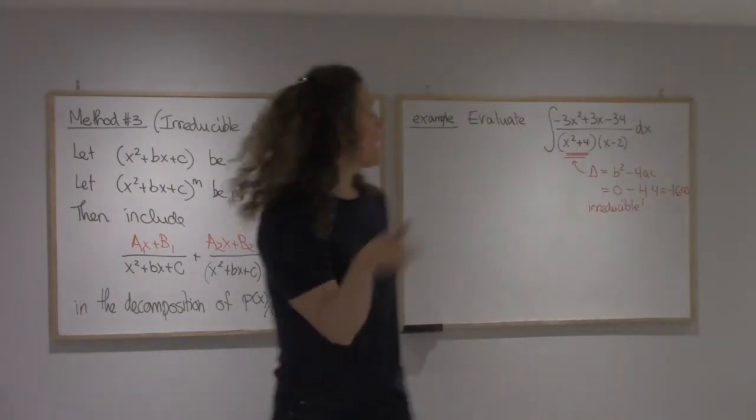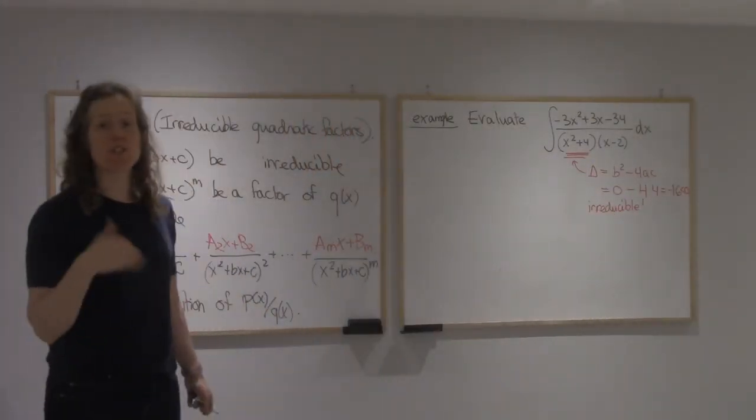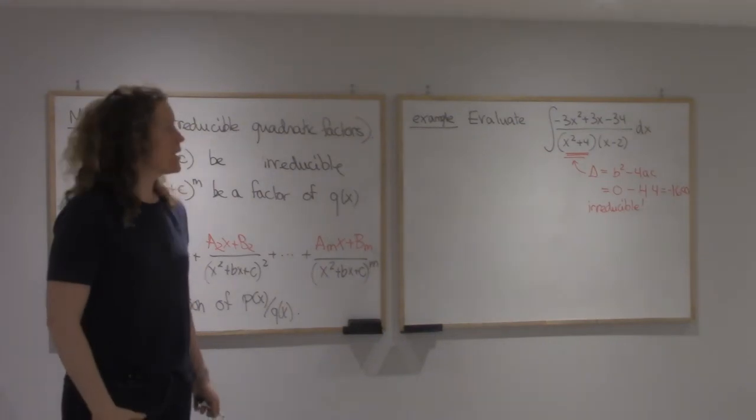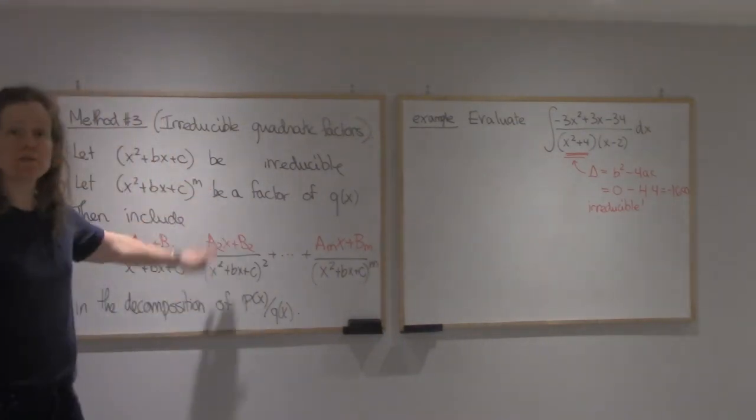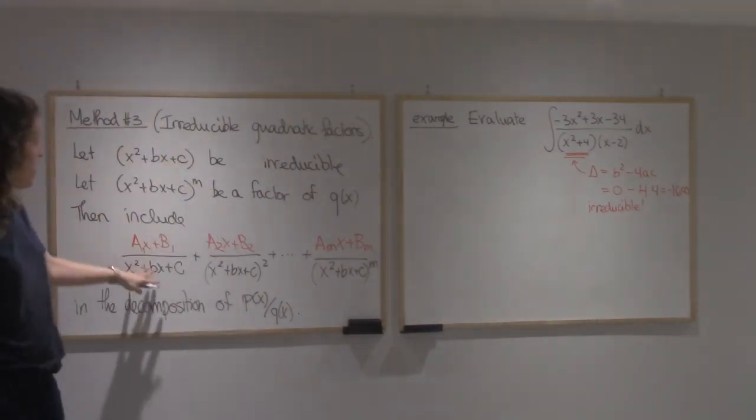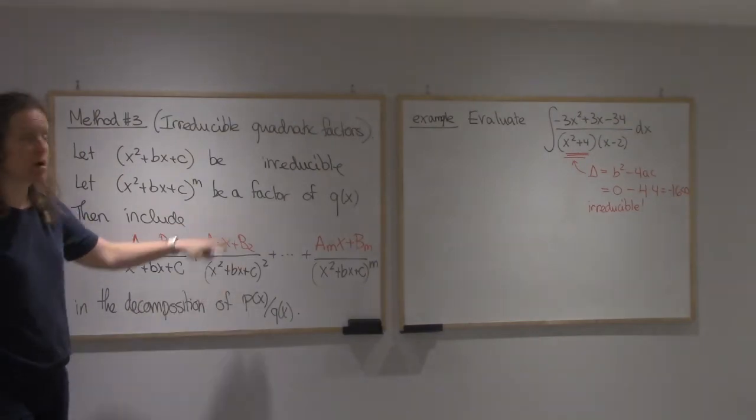That denominator cannot be factored any further, so I cannot use method 1 and 2. I must use method 3, and I will have these more complicated partial fractions here.